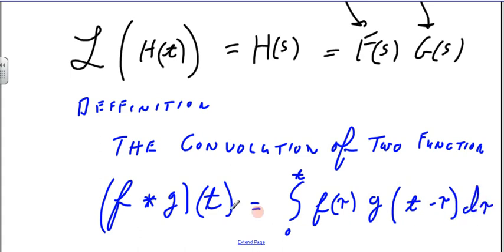So we're going to say the convolution of f and g, which has no definition except for the definition I'm giving you. It has no meaning in the rest of the world except on this particular day in this particular form.